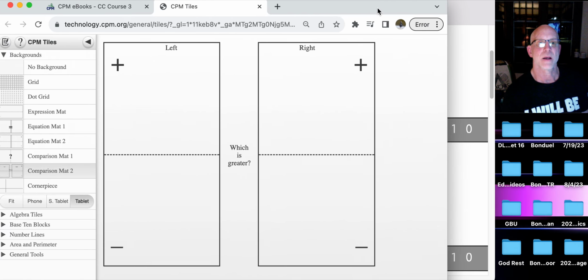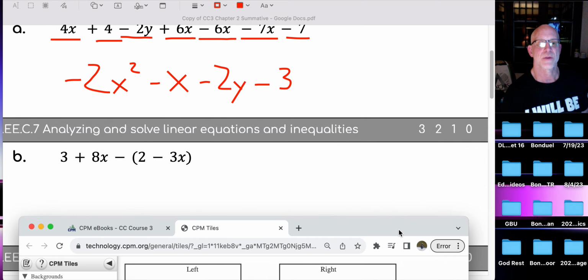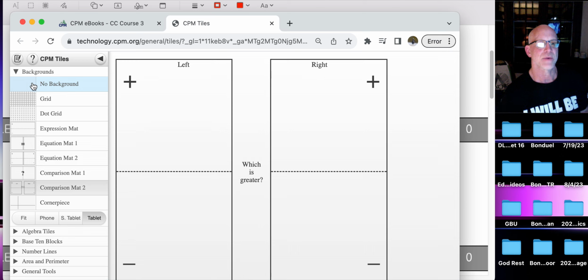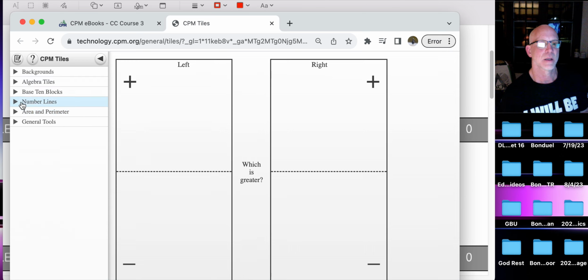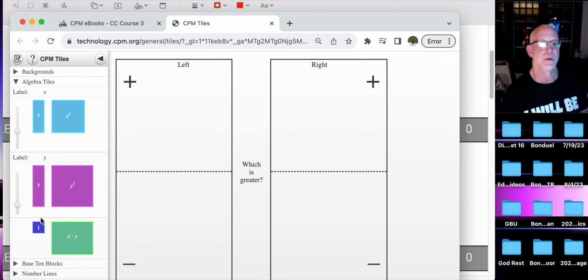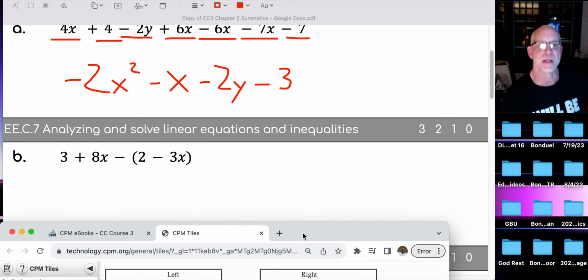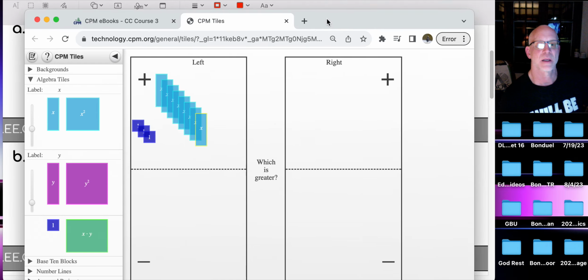So from there, we said 3 plus 8x. Open up my tiles. 1, 2, 3. And then plus 8x. 2, 3, 4, 5, 6, 7, 8. Okay. 3 plus 8x opposite 2 minus 3x.